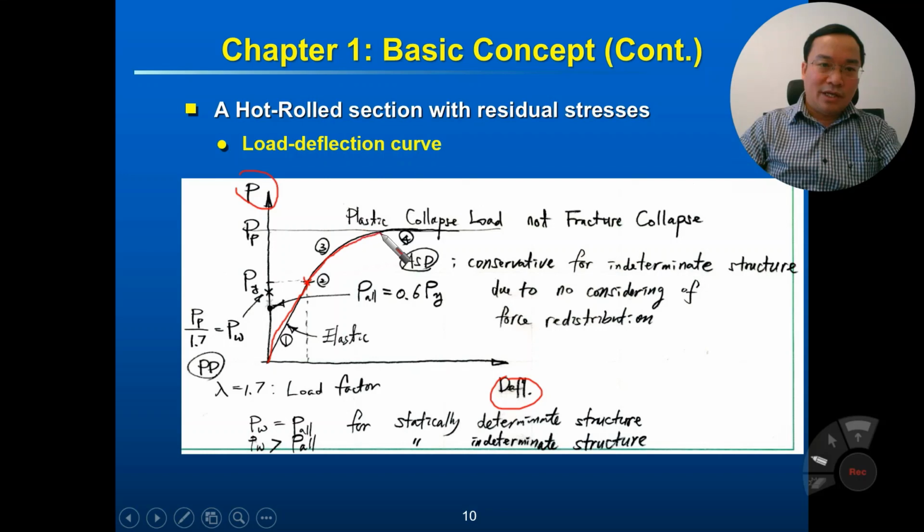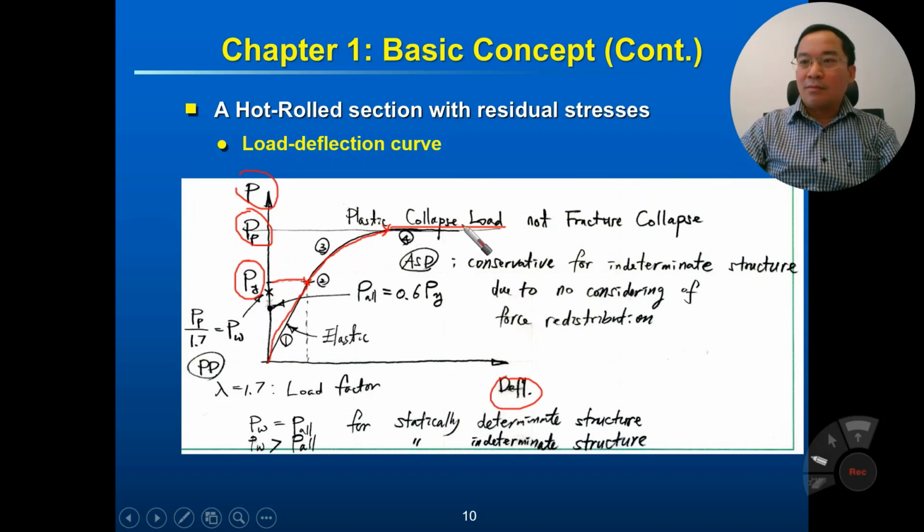From here to here is elastic plastic, and from this point it is full plastic, or plastic collapse load. Corresponding to this other point is the yielding load, or elastic limit load.